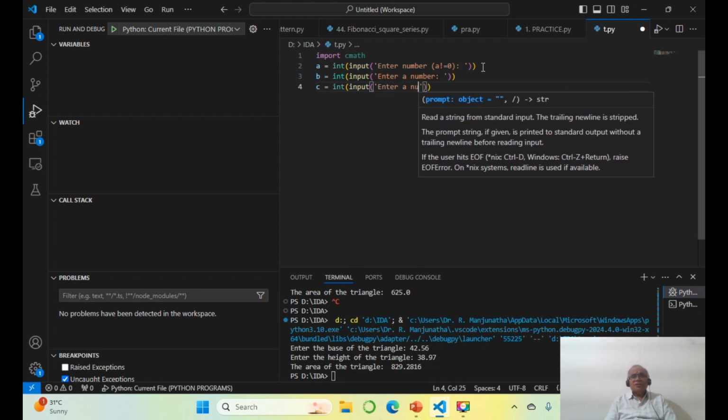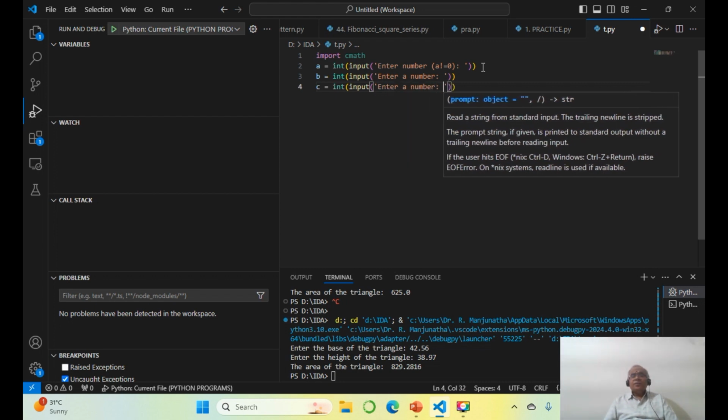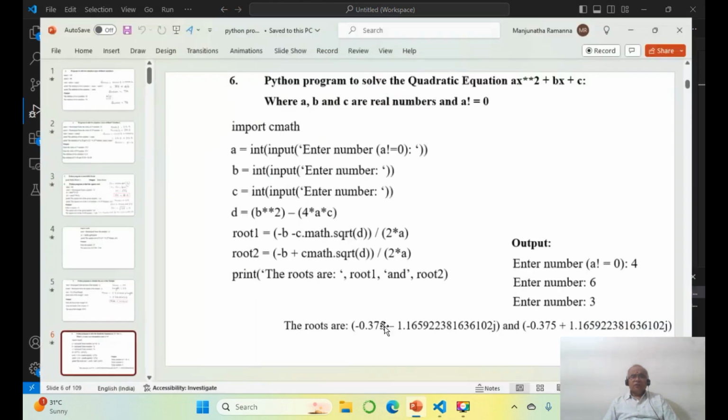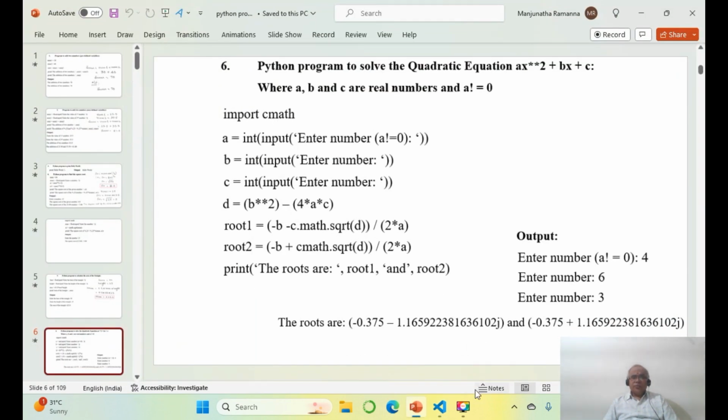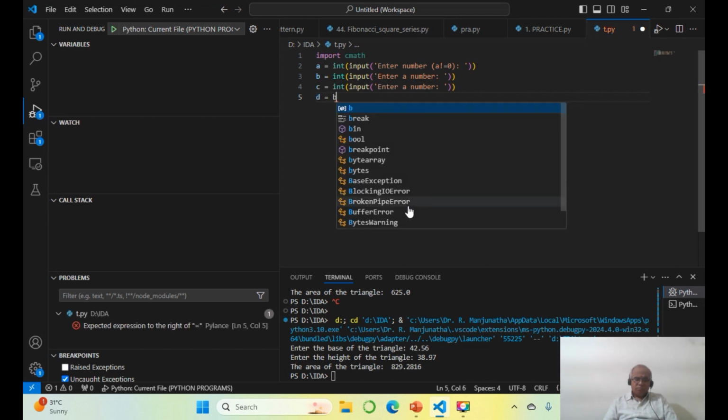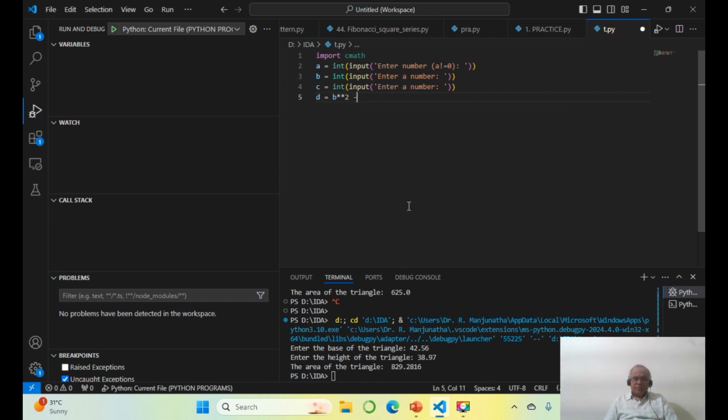There is no hard and fast rule that you need to write only this text. Enter a number. Next what I want to find out is d is equal to b square minus 4 star a star c.